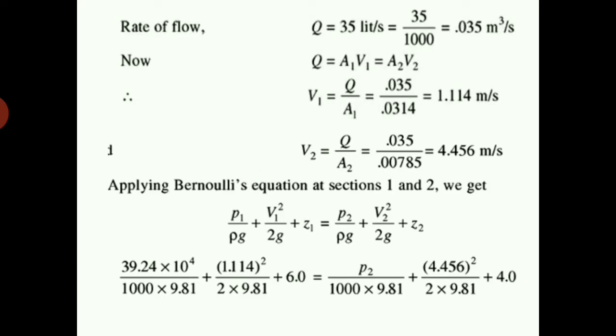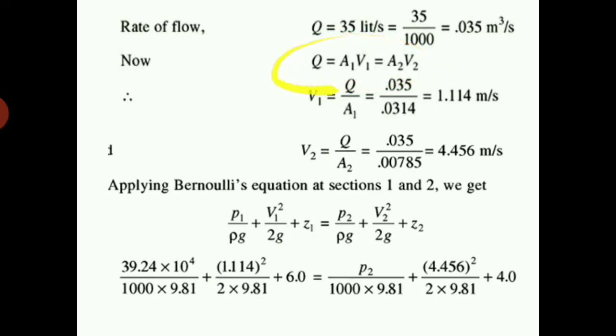We are also given the discharge, that is 35 liters per second. We need to convert that into meter cube per second by dividing 35 by 1000, which gives 0.035 meter cube per second. We know the formula, discharge is equal to area into velocity.